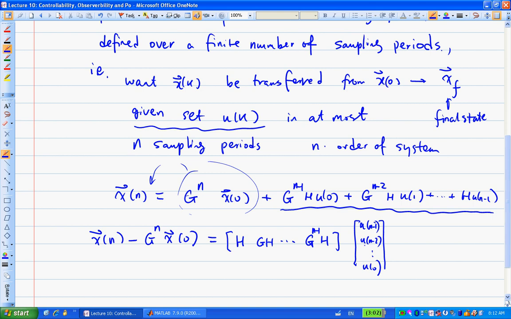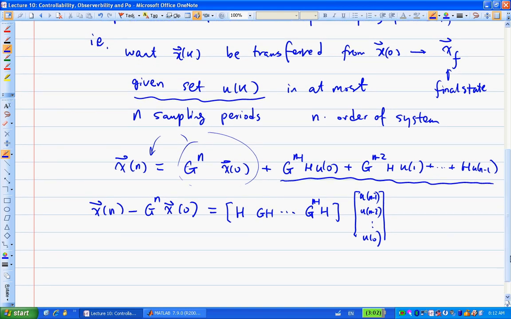Okay, so let's examine this and see what the purpose of doing this is. Suppose this is the final state. As I said, the final state is what the user wants.